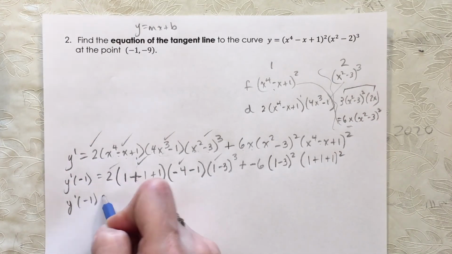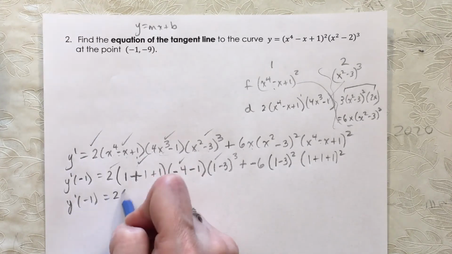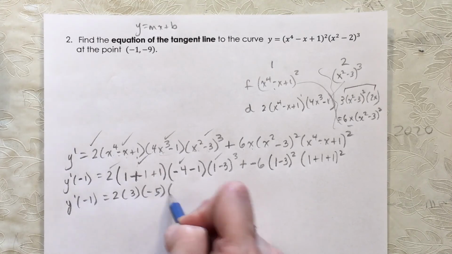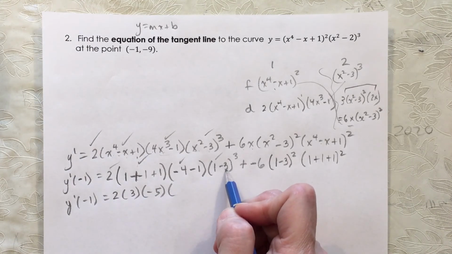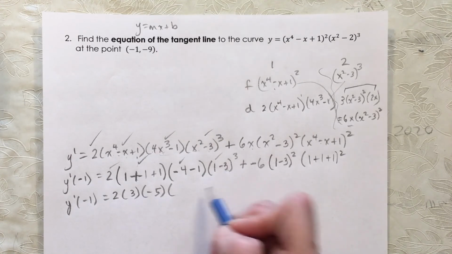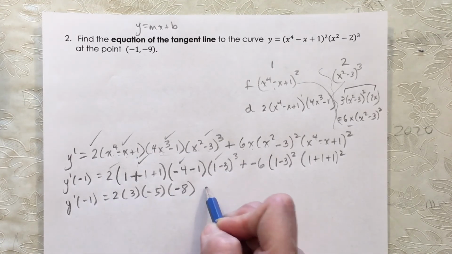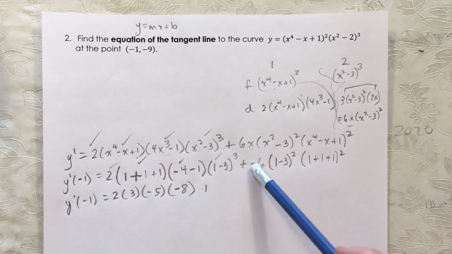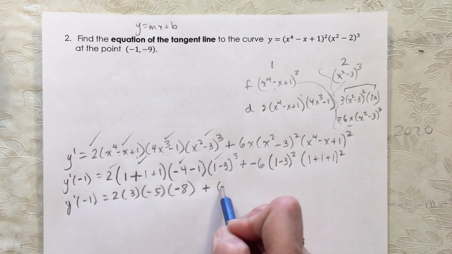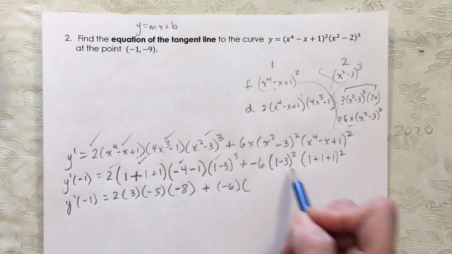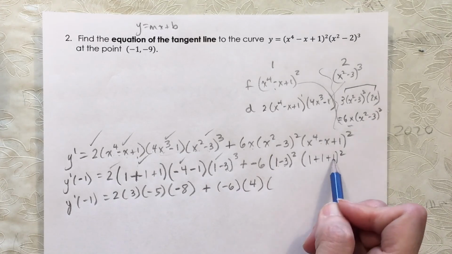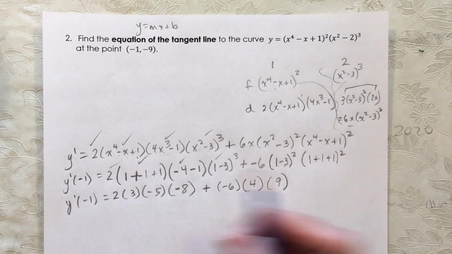So y prime at -1 is 2 times 3 times -5 times, that's going to be (-2) cubed, 1 minus 3 is negative 2, cubed is negative 8, plus negative 6 times (1 minus 3) is negative 2 squared, so 4 times 9. 3 squared is 9.